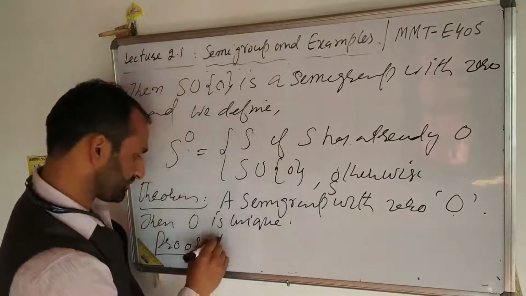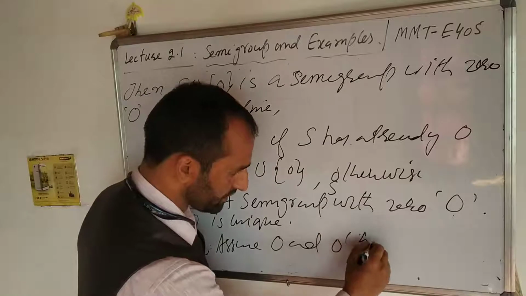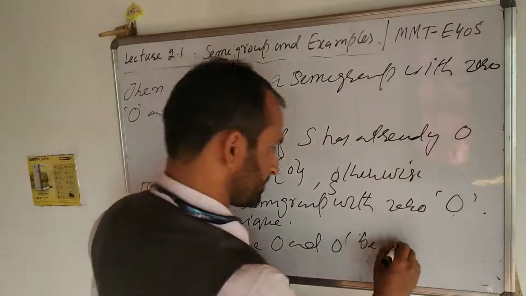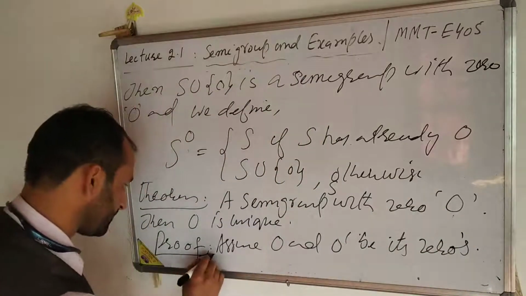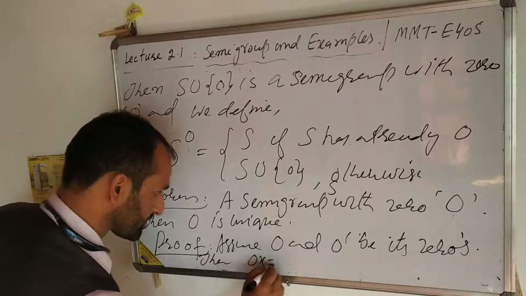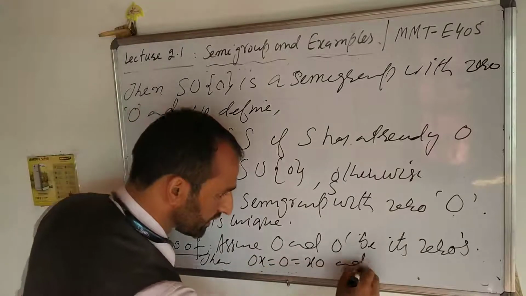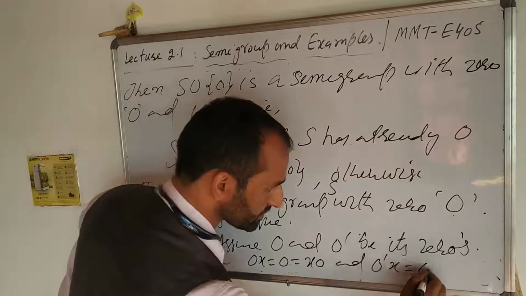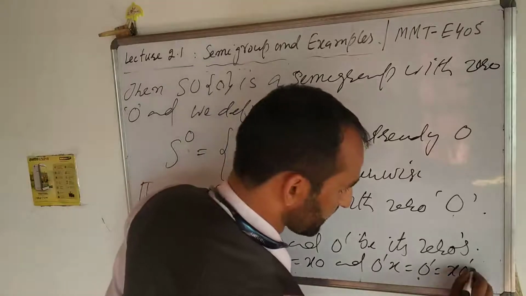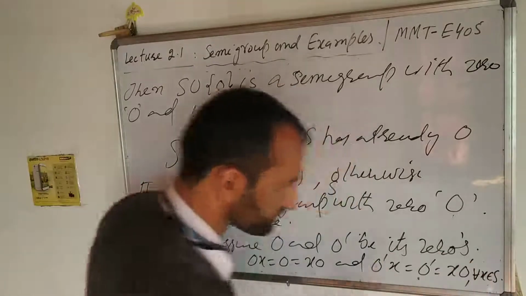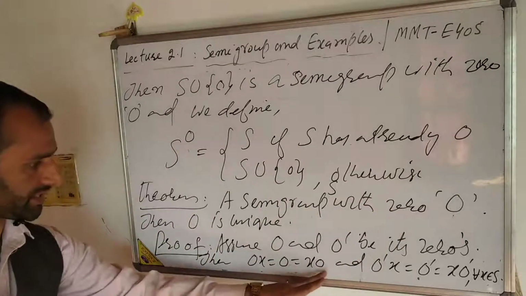So assume 0 and 0 dash be its zeros. Then by definition, 0 into x is equal to 0, which is equal to x into 0, and 0 dash into x is equal to 0 dash, which is equal to x into 0 dash, for all x in S. So the 0 is the 0 of S, therefore it satisfies this equation.